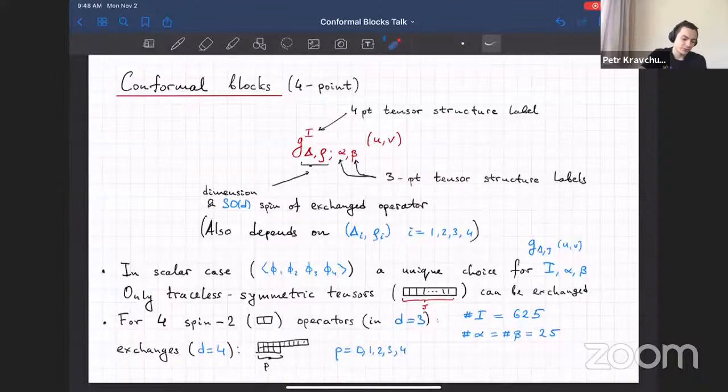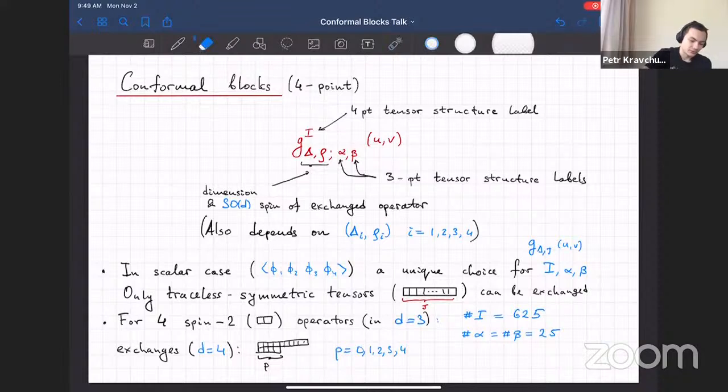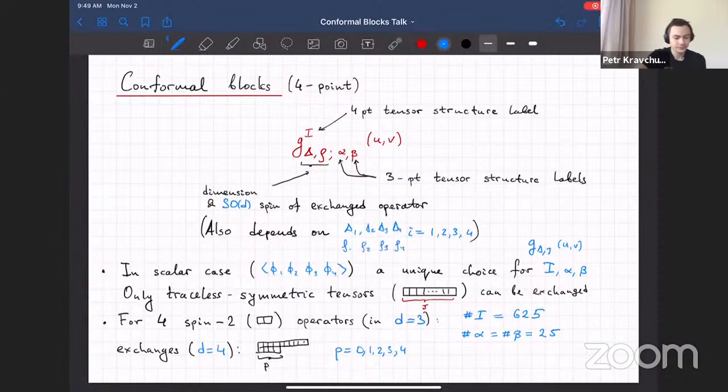It's probably a bit confusing because here I use delta I and rho I, which is kind of the same as in the previous slide, but what I really meant here is delta 1, delta 2, delta 3, delta 4, just for the external operators which appeared in the 4-point function.